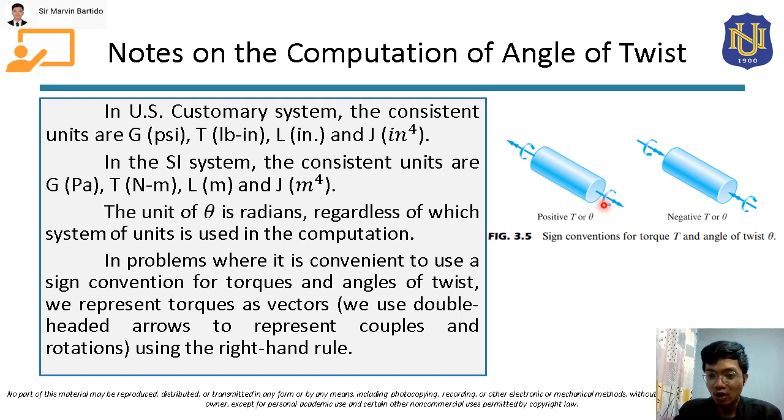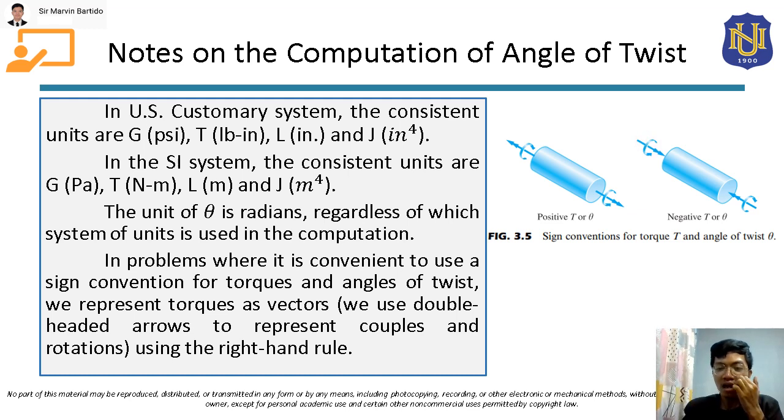We can also represent this torque as a vector, or as a double-headed arrow. This double-headed arrow represents this torque, and likewise for the other torques here, each is represented by a double-headed arrow.